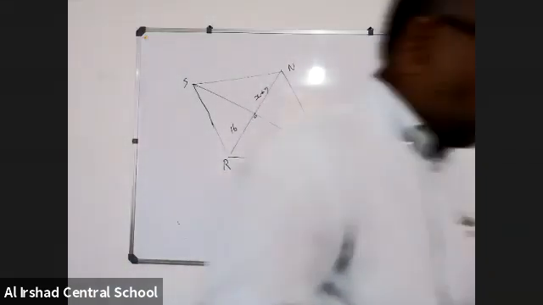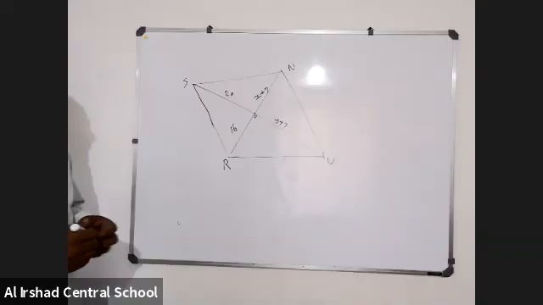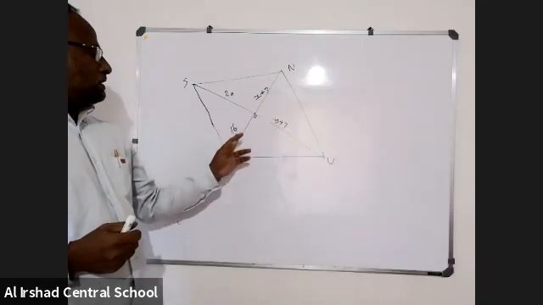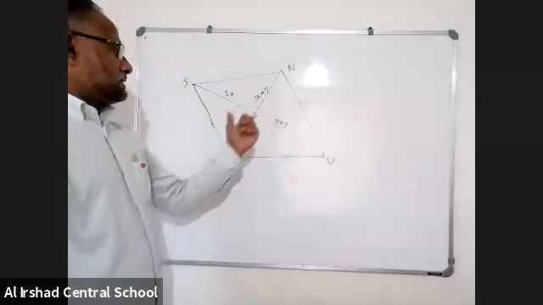Then Y plus 7, this is 20. X plus Y is equal to 16. Y equals 13, X equals 3.